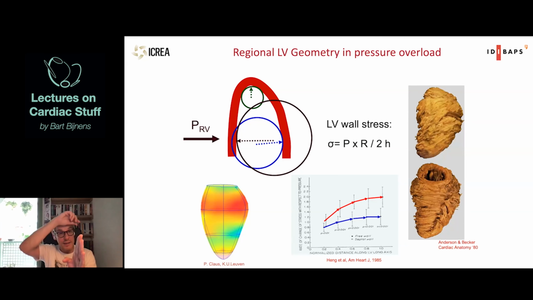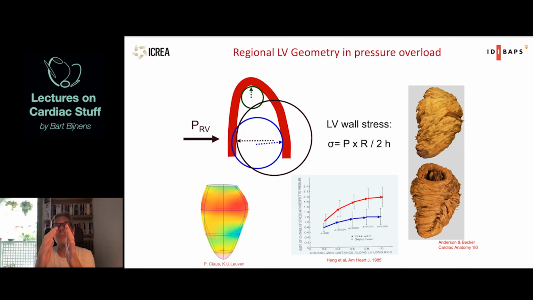But also keep in mind, as we said before, that the stress at the septum is a balance of the pressure between the left and the right ventricle, because they act in different directions. So the wall thickness of the septum will be very similar to the wall thickness of the lateral wall.